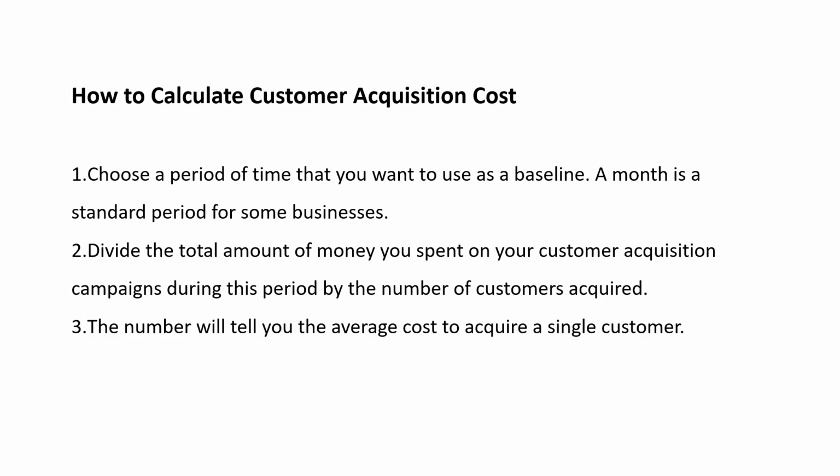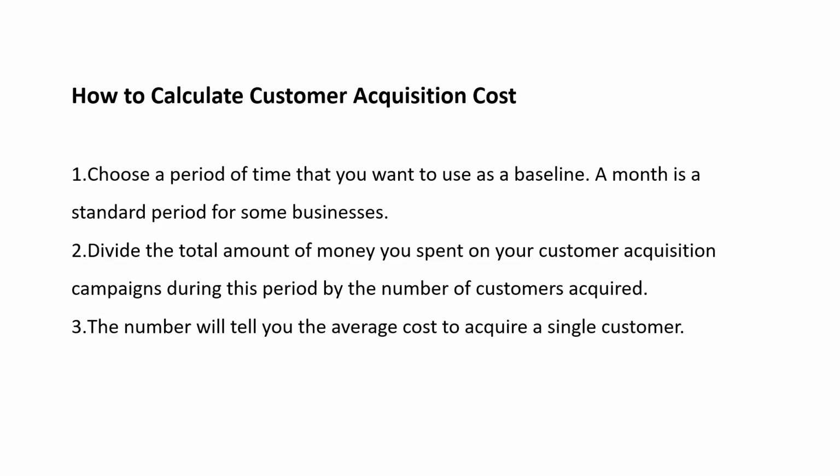Divide the total amount of money you spend on customer acquisition campaigns during this period by the number of customers acquired. So let's say in the first month my target is 100 customers and I have spent, let's say, 50,000 rupees, right?